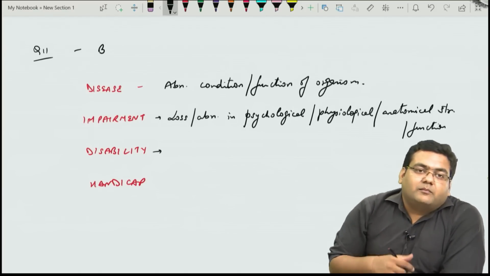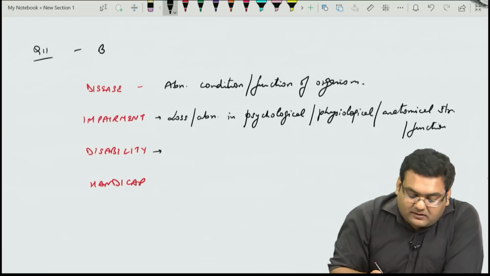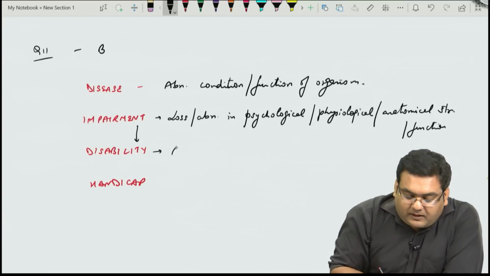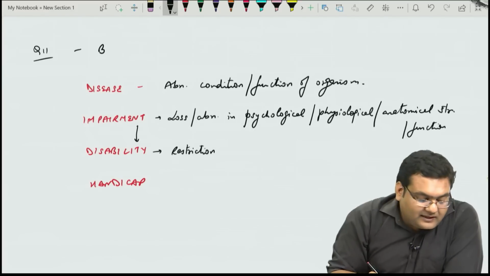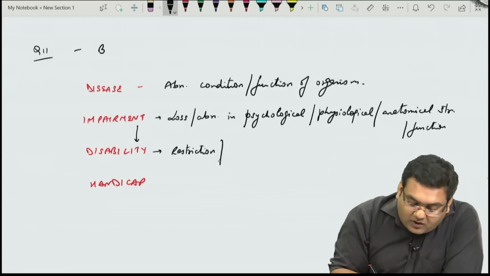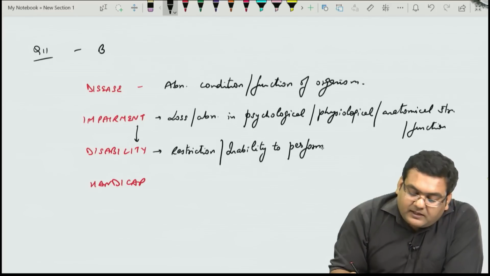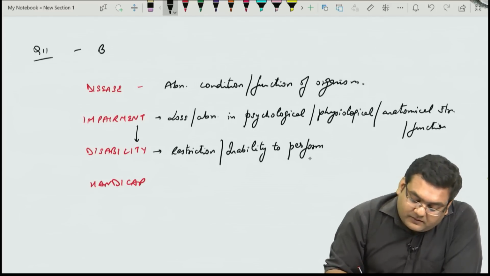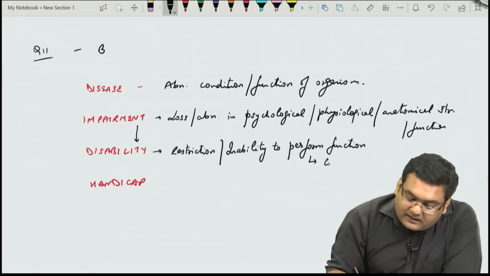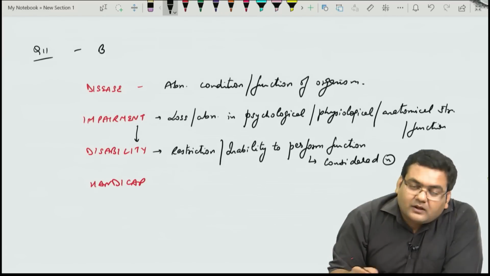Disability means because of impairment, there is restriction or inability to perform a function that is considered normal for his age.